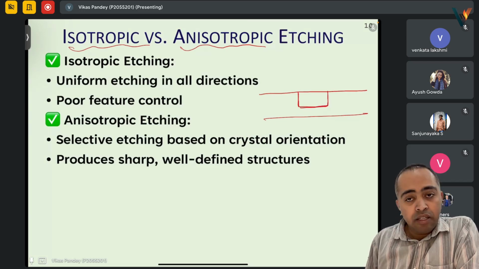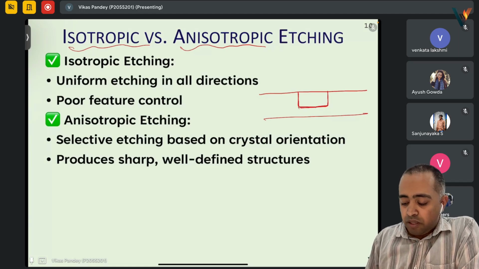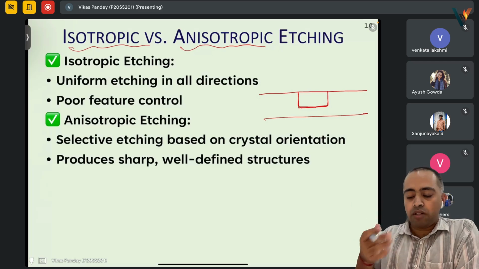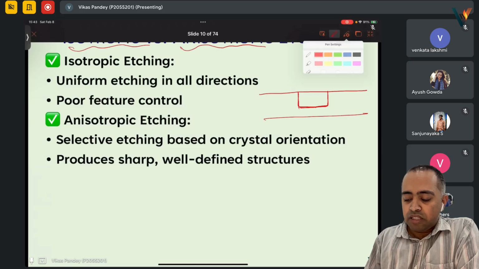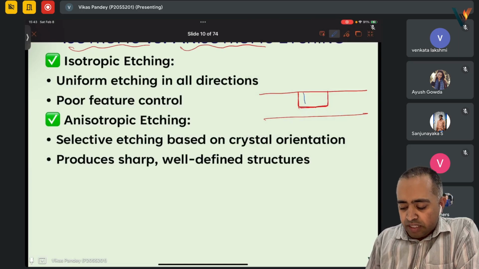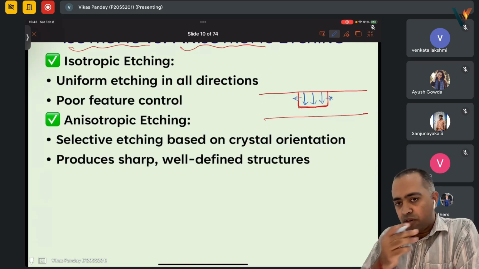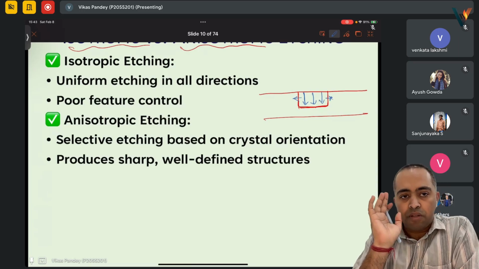This is the ideal case. But if a chemical is able to etch it out, it is not necessary that it will remove exactly in this direction and have no removal in the horizontal direction. That is not ideally possible.